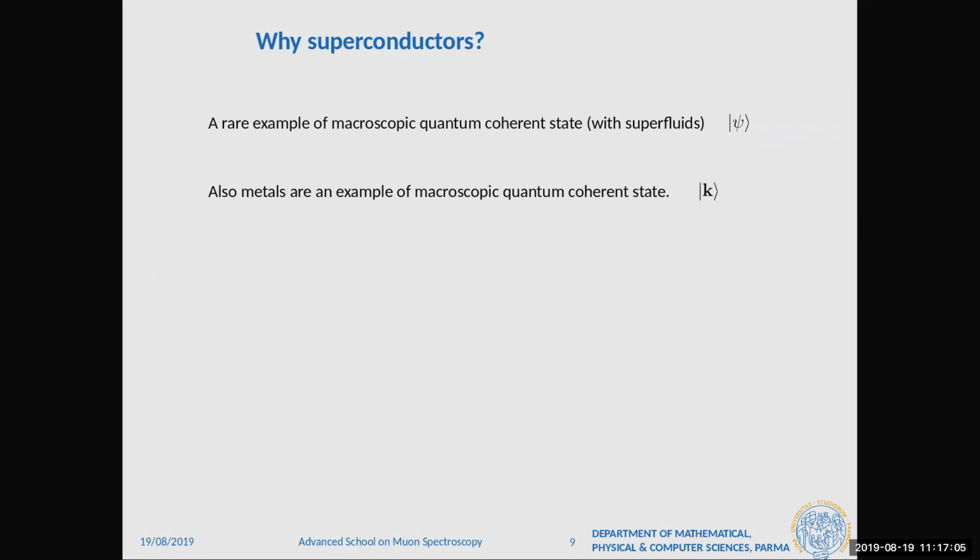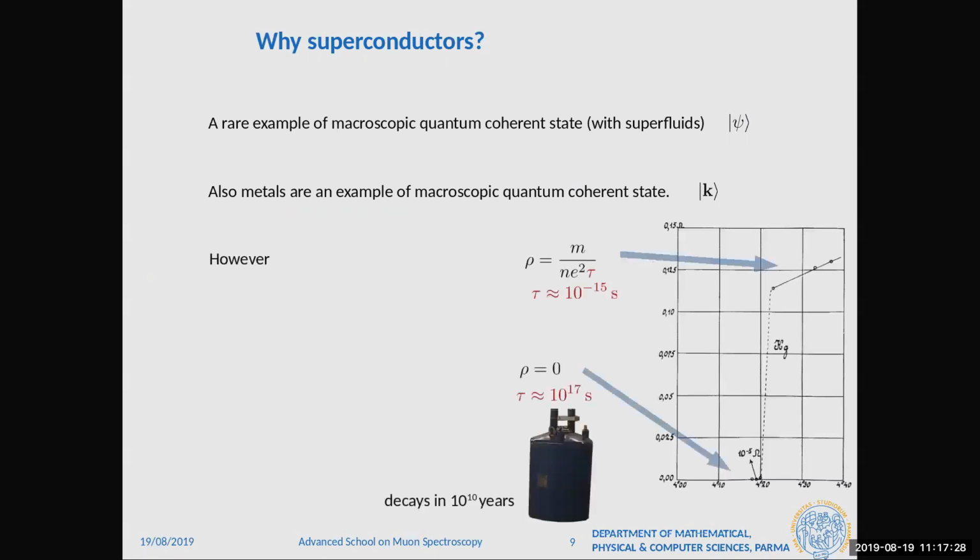But then we know that in metals, we can also forget about their interactions, treat them as independent particles, as k-states. And actually in that picture, we go back to the classical picture, we see them scattering around all the time, having collisions, and decohering in the terms of quantum computation, right?